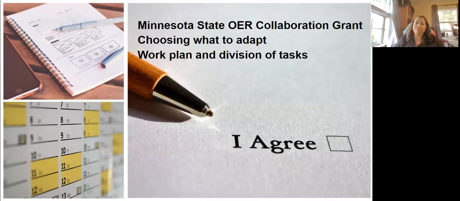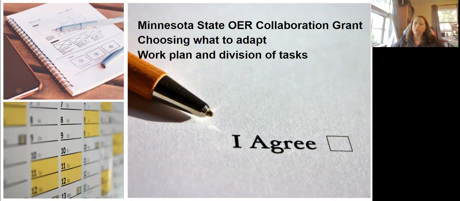Not an easy task. One major tip I can give you is that you may plan out a timetable for X amount of time, could be the academic year, could be the summer. You'll need more time. We also benefited from receiving individual grants from the Minnesota State OER collaboration. That was of great assistance.